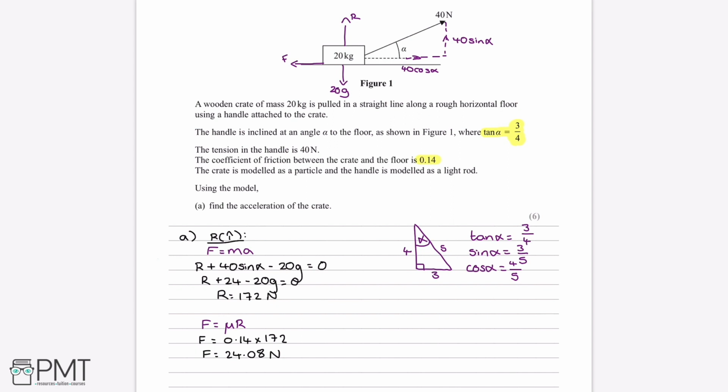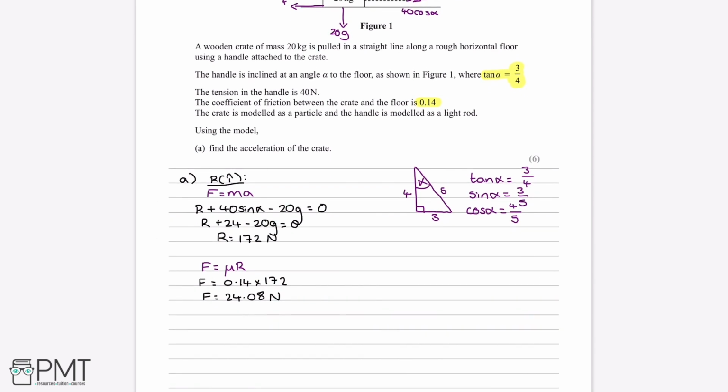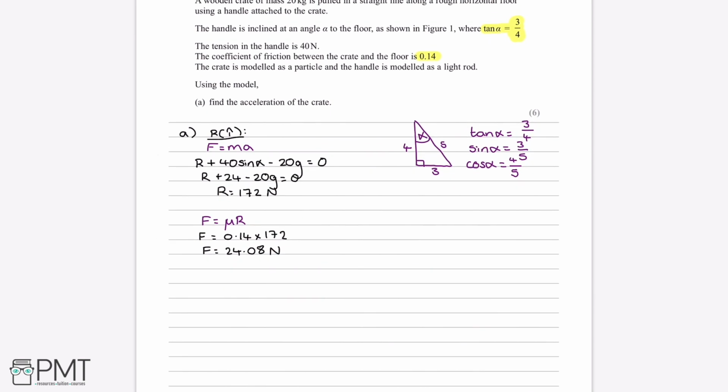So now that we have this, we can find acceleration because we can make an equation and solve it. Since the crate is moving horizontally along the floor, this must be the direction of the acceleration. And therefore, we would resolve in this direction, which is horizontally to the right on the screen.